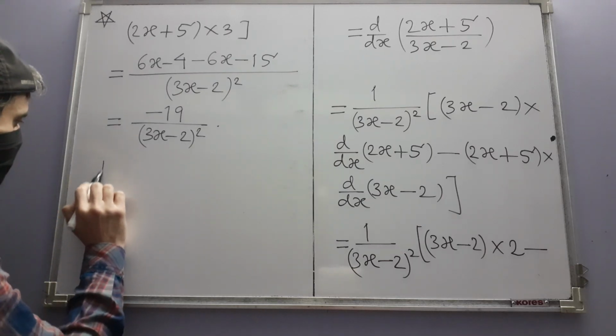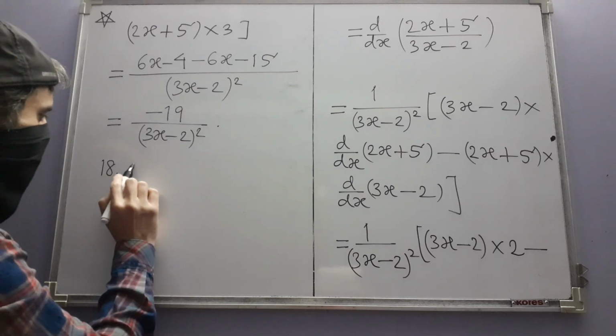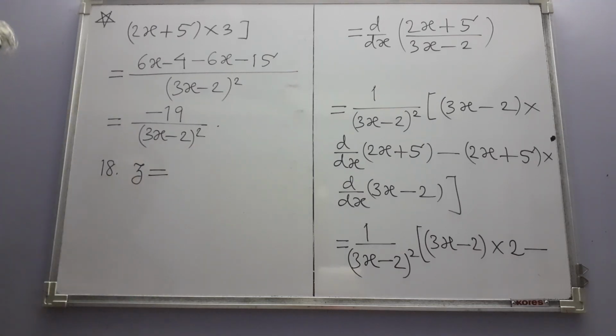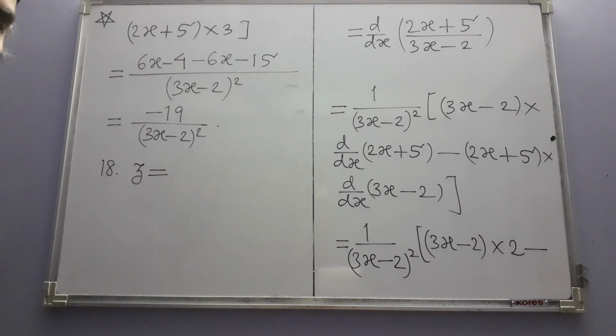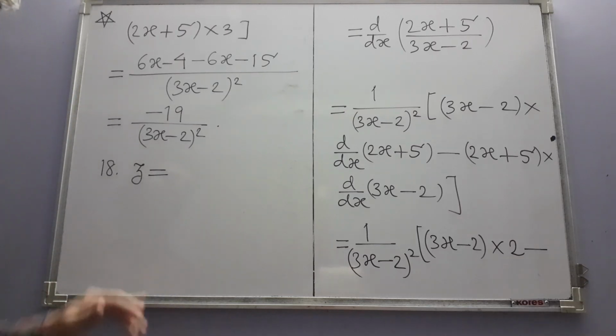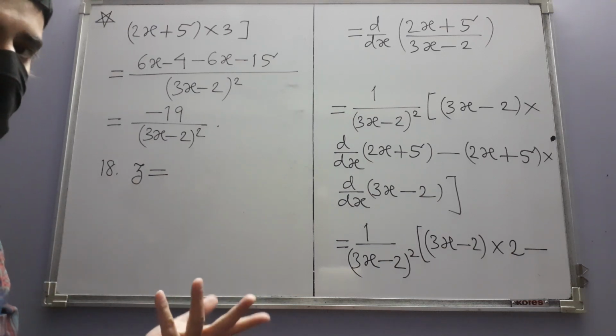The 18th one is similar. Let's at least see what it is. Here, instead of calling the dependent variable y, the authors have chosen to call it z. That's not a big difference, it's just another name. You still have to write dz dx, no matter whatever you want to call it.